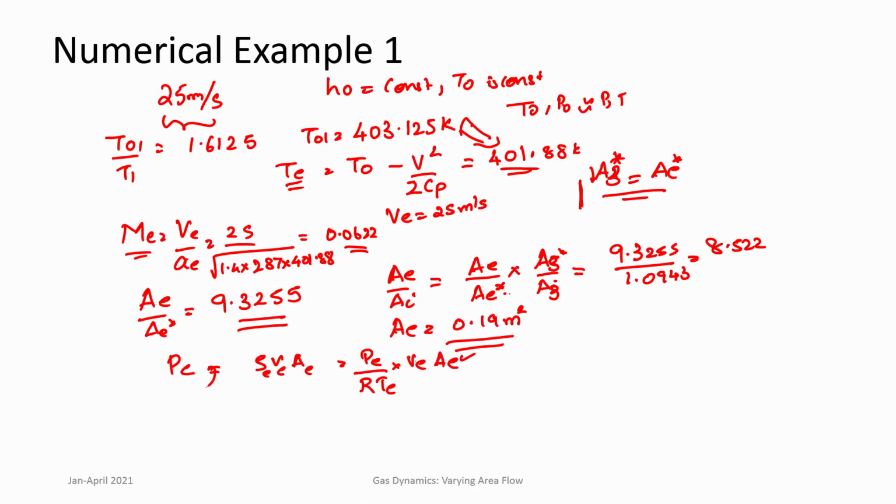Okay, so A e is known, V e is known, P e is not known, T e is known, R is known, equal to m dot. This is 10 kilogram per second, it is known. From here you can get what is P e, it is 42.82 kilopascal. Okay, so you see, this particular concept had a diffuser problem, but the diffuser also had oblique shocks ahead of it and a normal shock at the diffuser.